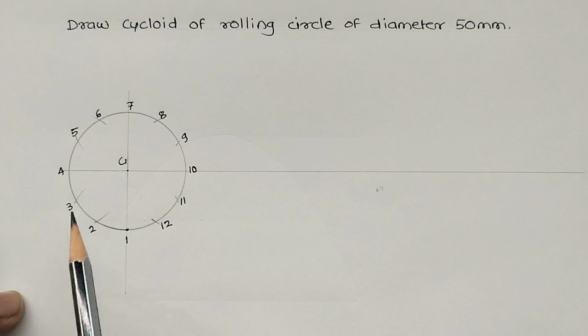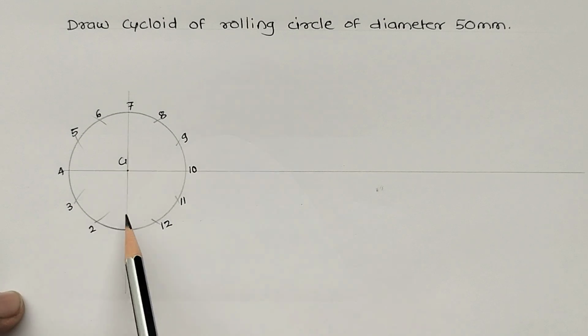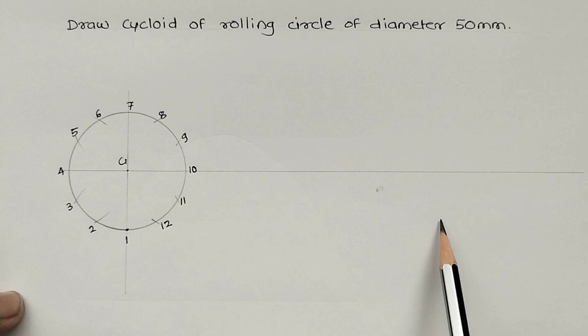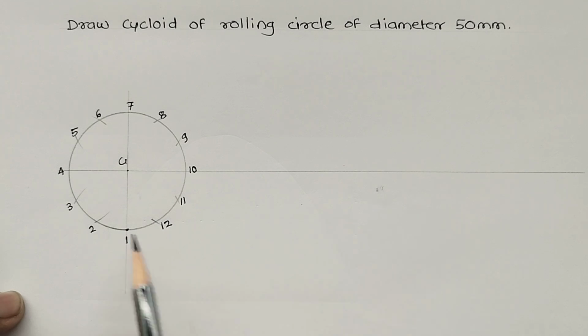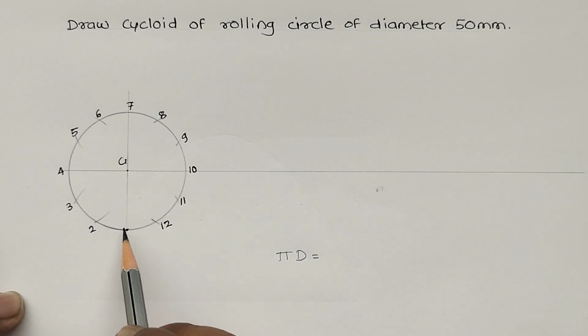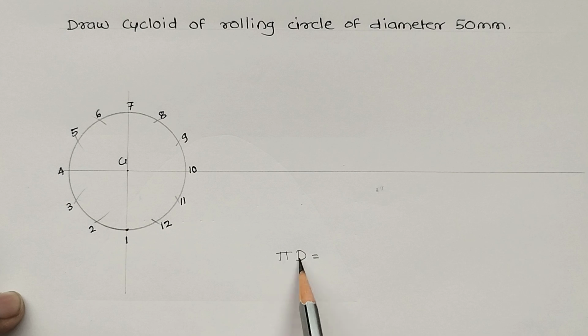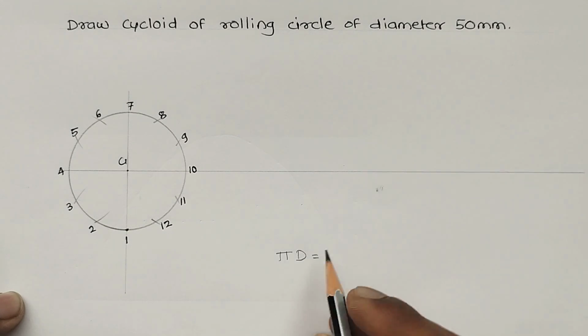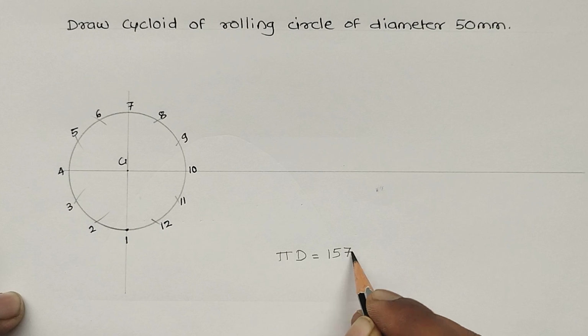Now when this circle rolls in a single roll, then it will cover a distance of pi d. So if I calculate pi into the diameter 50 mm, it will come at 157.